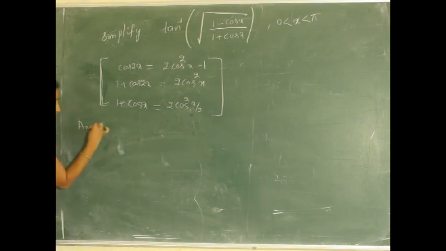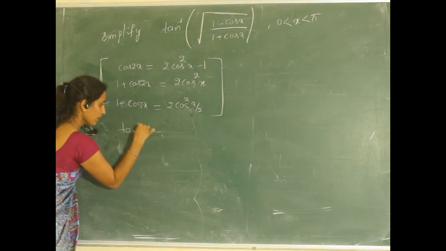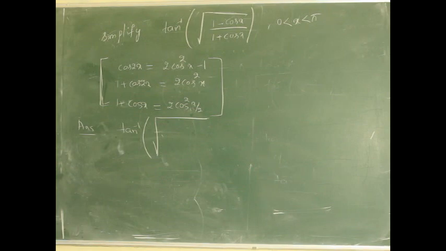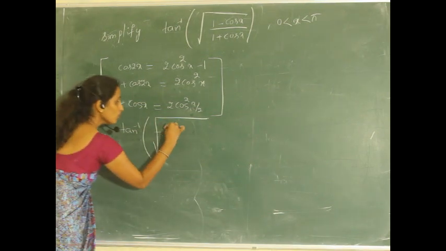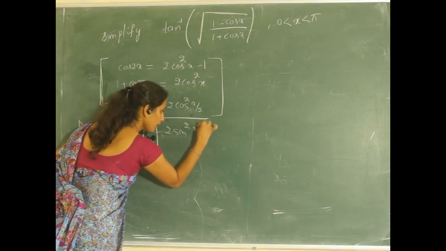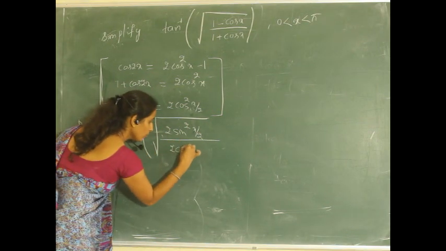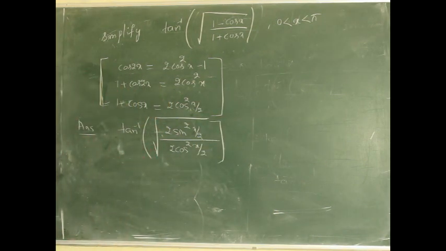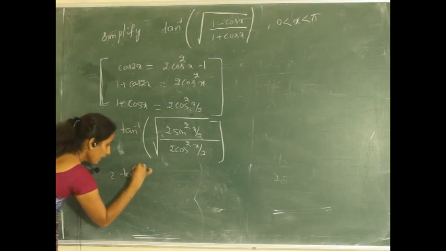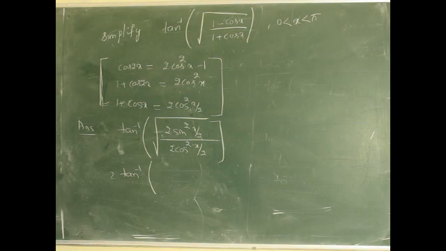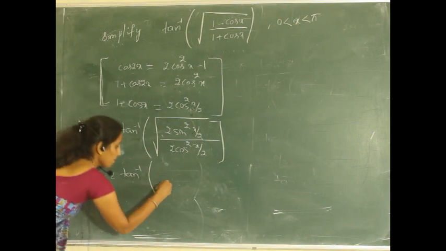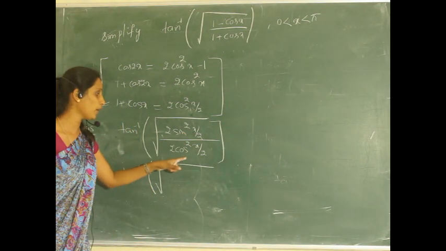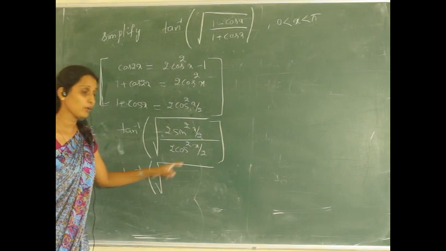So answer: tan inverse of square root of 1 minus cos x, already I had told it is 2 sin square x by 2, divided by 2 cos square x by 2. So this is equal to tan inverse of square root of, 2 can be cancelled, sin square x by 2 divided by cos square x by 2 will be tan square x by 2.